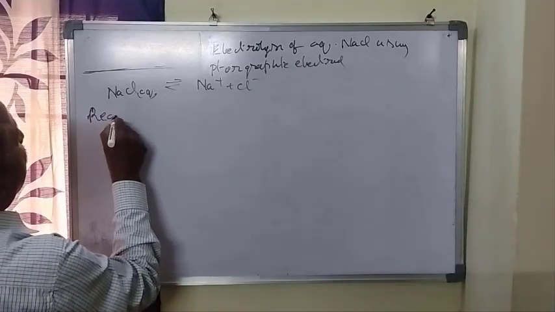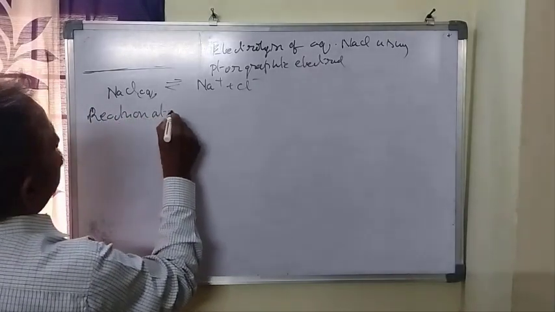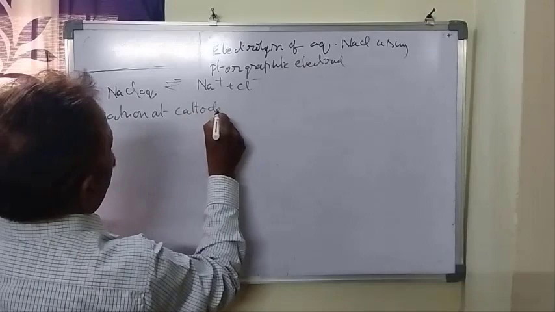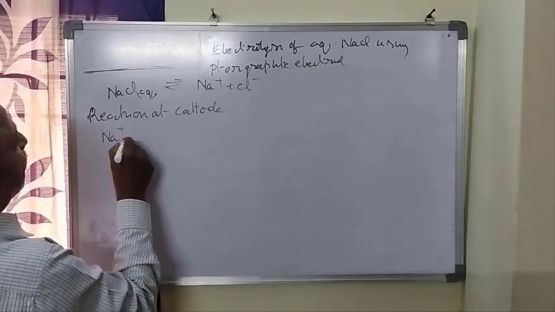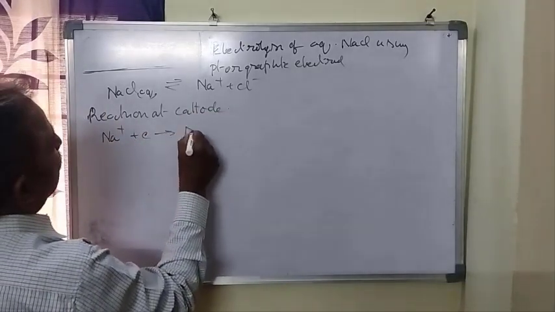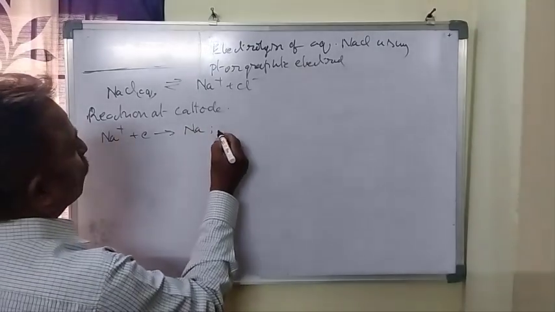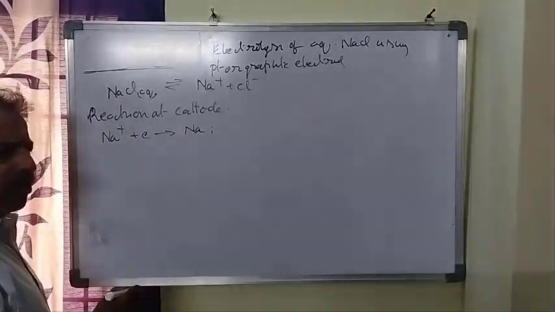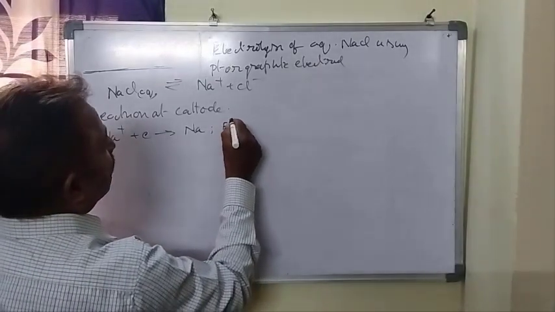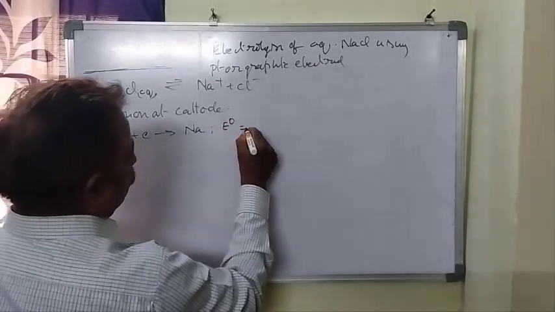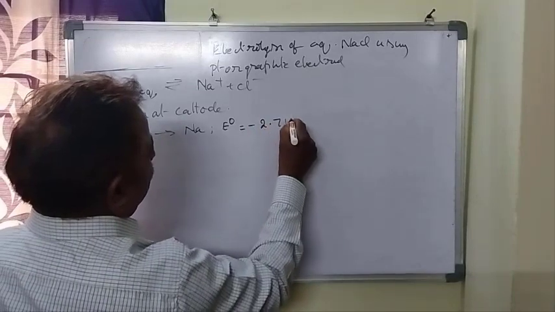Therefore, reaction at cathode: Na+ takes an electron and becomes Na. So the sodium ion reduces to the sodium neutral atom, and the electrode potential is equal to minus 2.71 V.